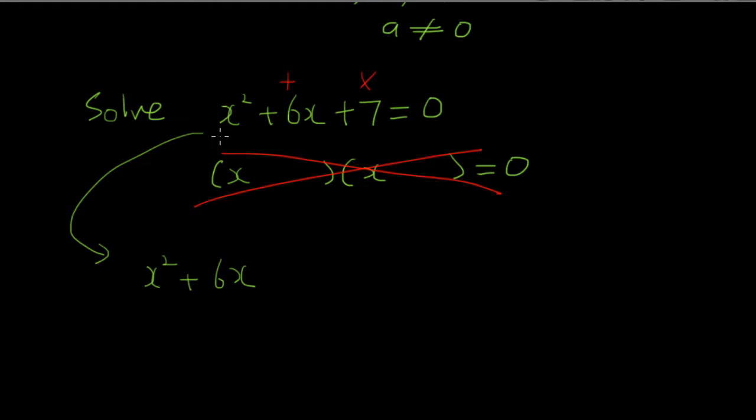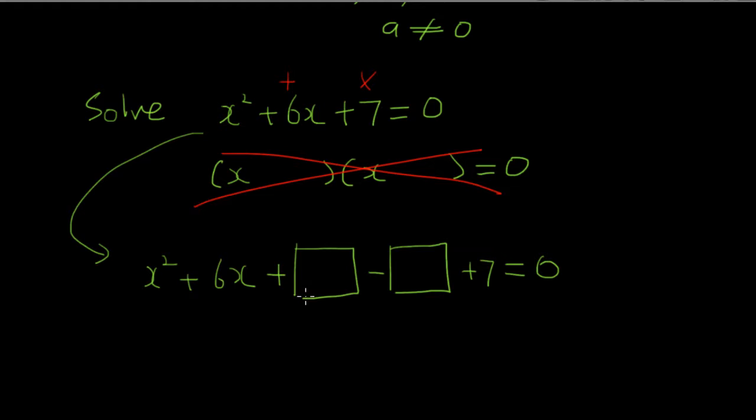Once you write the x squared term and the x term, we are going to set up a plus box and a minus box, plus 7 equals 0, like that.